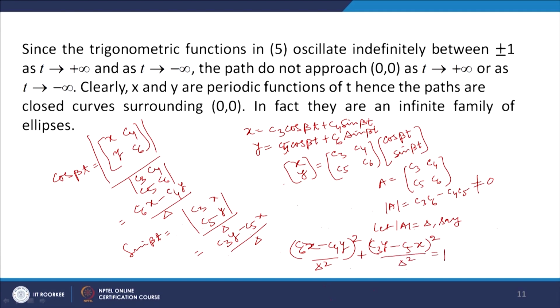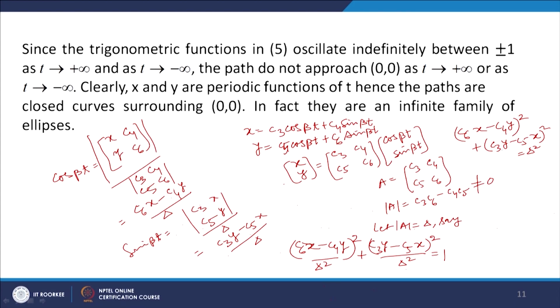Or we can get (C6x minus C4y) whole square plus (C3y minus C5x) whole square equal to delta square. When you square these expressions, you will get a second degree equation in x and y.